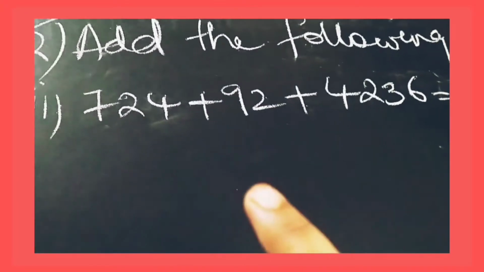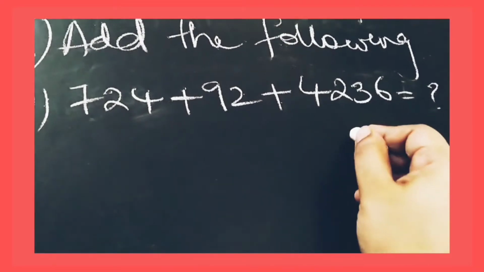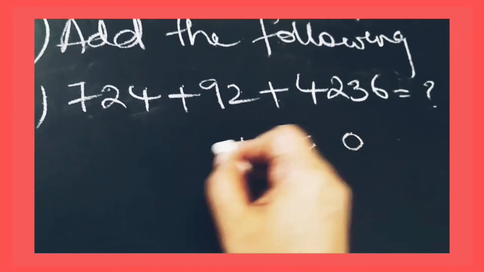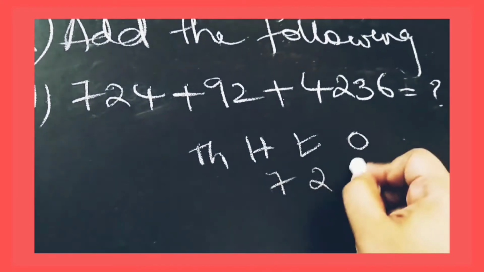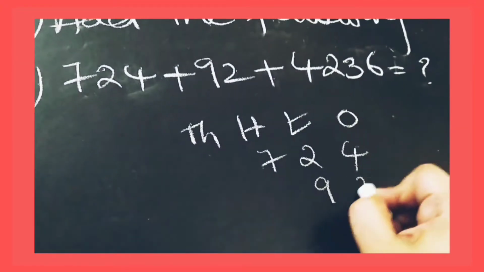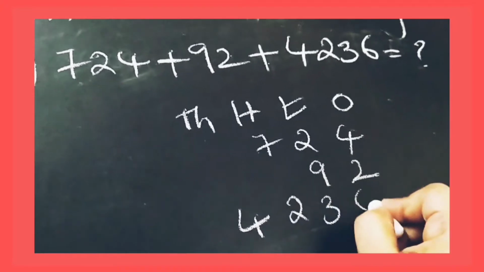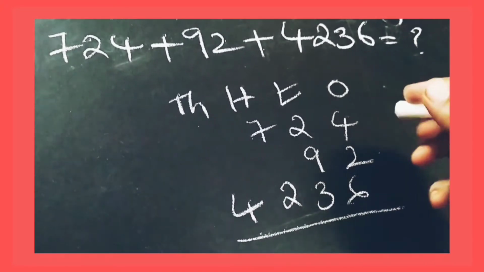Third one is 724 plus 92 plus 4236. Again here 1000 is a bigger number. Ones, tens, 100, 1000. So it is 724. It is 92. It is 4236. Again 6, 7, 8, 9, 10, 11, 12.